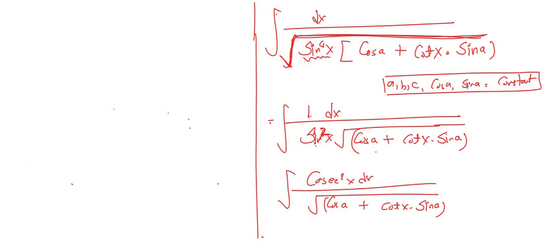What can we do now? Think, what can we take t so that we get something which is in numerator? Can I take cos a plus cot x into sine a as t? Cos a is a constant, so 0. I am differentiating both sides.